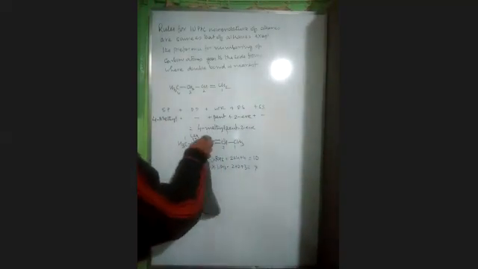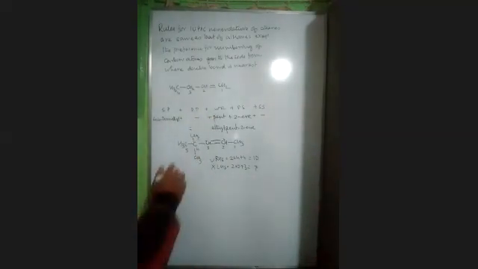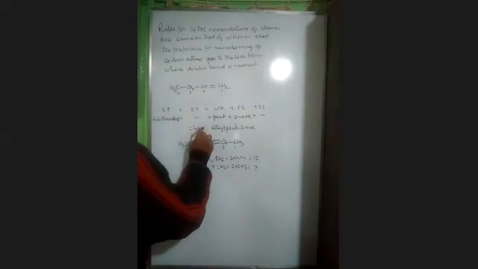In this case, it shall not be like this, it will be like this. So the name will be 4,4-dimethyl.